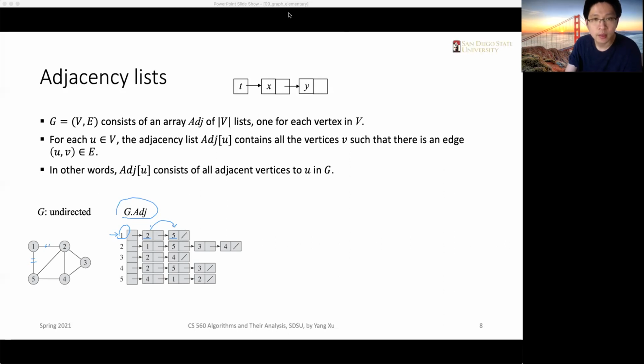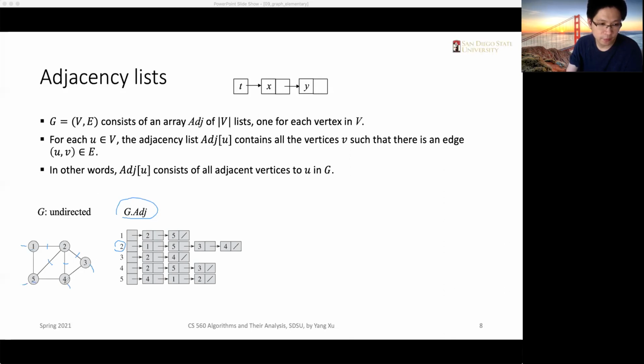If we look at another vertex, say vertex 2, it has 4 edges, which connect to 1, 5, 4, and 3.